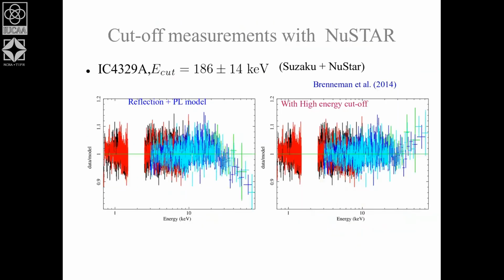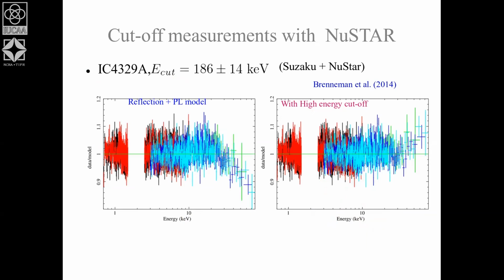Okay, and there are observations, probes. This is an observation from a NASA mission called Swift, and the Japanese mission Suzaku. You see, this data is actually the ratio of data to model, and the model is a simple power law. So this is the ratio, and beyond, let's say, 20 keV or so, the emission is actually reducing.